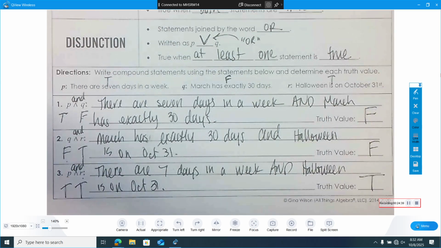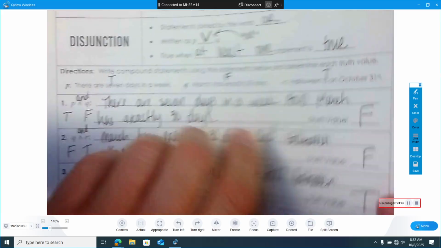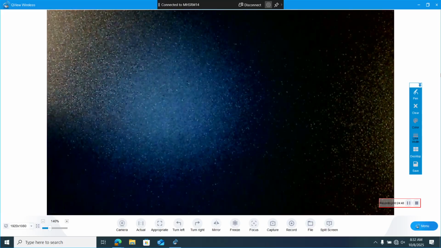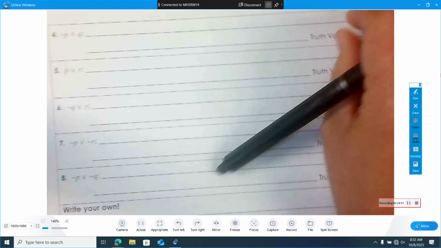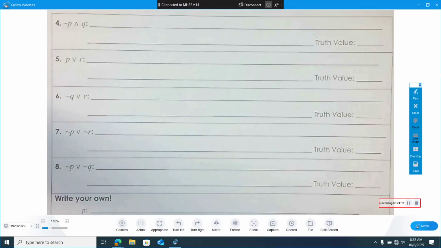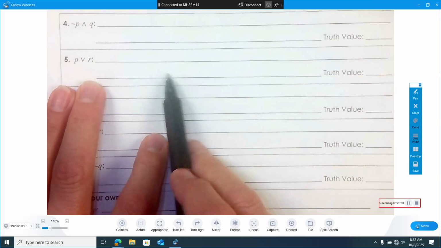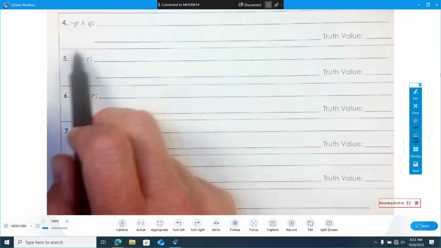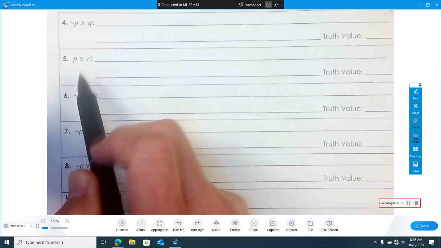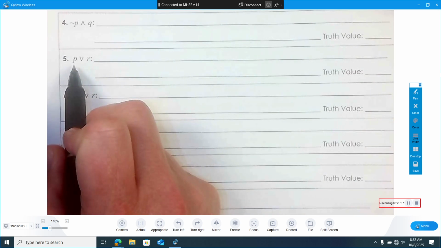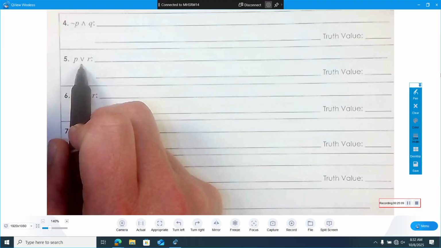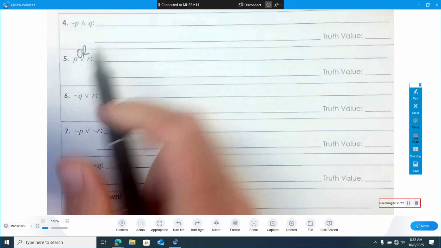Okay, we're going to do just a couple more here. Let's look at number 5. I'm not going to write the statement now. Let's just look at our notation, okay? So, P, and what's this symbol? Or, on number 5.